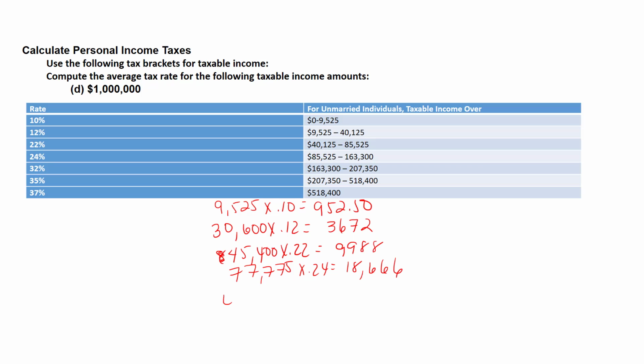All of the money in the 32% bracket. And then we are going to use all of the money in our 35% bracket. So we subtract the $207,350 because we've already paid tax on that amount from the $518,400, which is the max in this bracket. And that is $311,050 taxed at 35%.